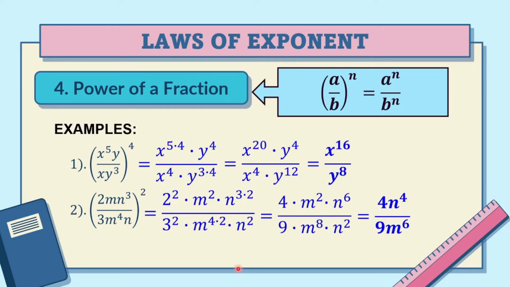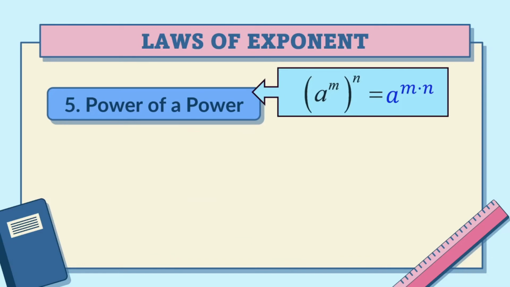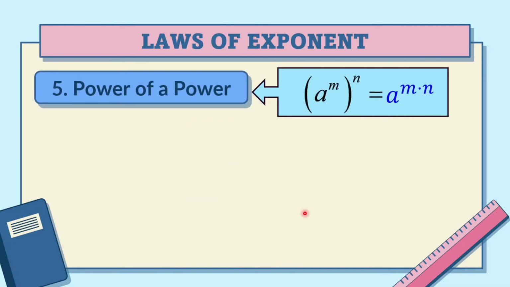Next, proceed to the fifth law of exponent, which is the power of a power. Okay, so pag sinabing power of a power, given the base a raised to m, meron tayong n na naka-raise sa quantity. Ang gagawin natin dyan, we're going to multiply the exponents. Kung kanina, nag-add tayo ng exponent, nag-subtract tayo, ngayon, mag-multiply.